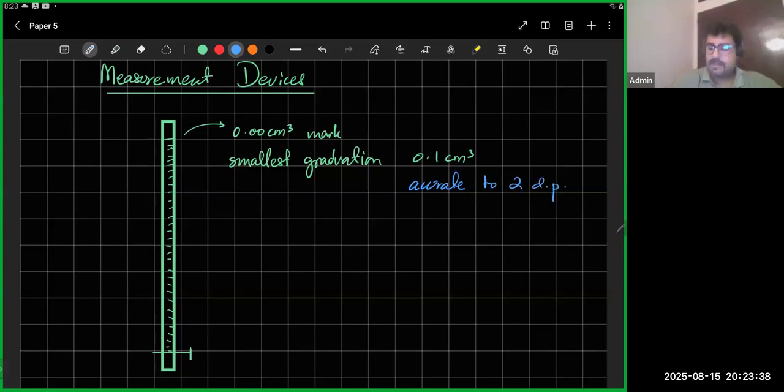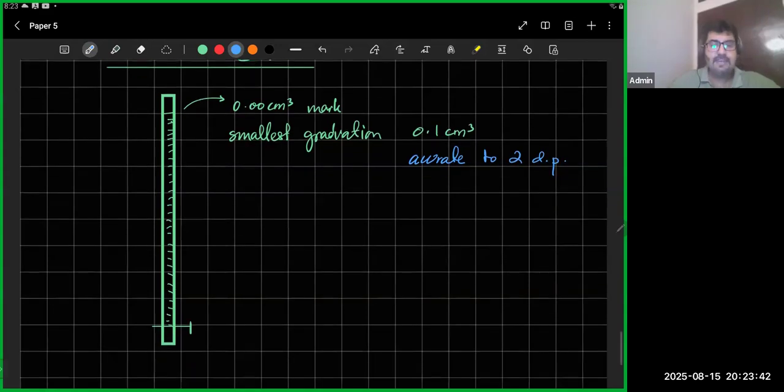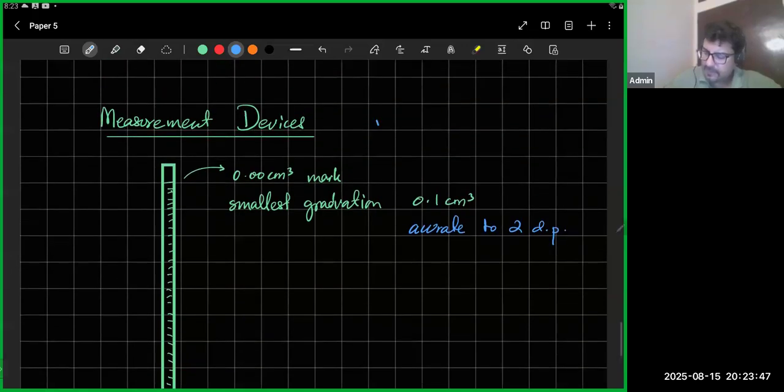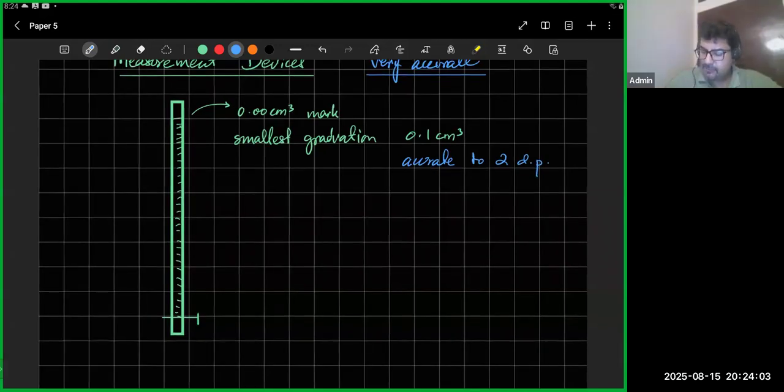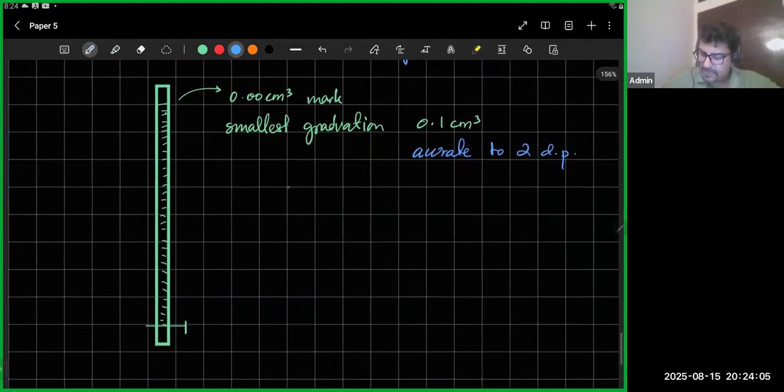And I'm going to explain why, क्योंकि error की वजह से. ठीक है, एक तो पहले लिख दूं कि this is a very accurate measurement device. Hopefully everyone knows that. Now, I'm going to explain why it's accurate up till 2 decimal places.